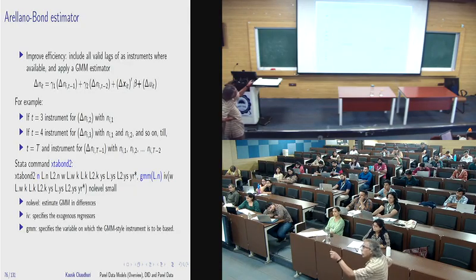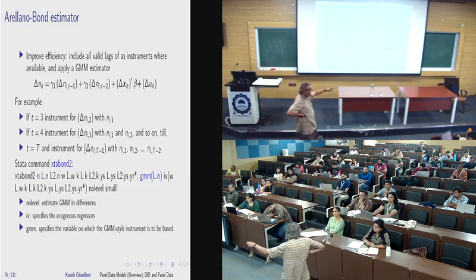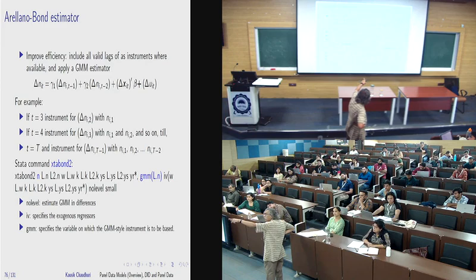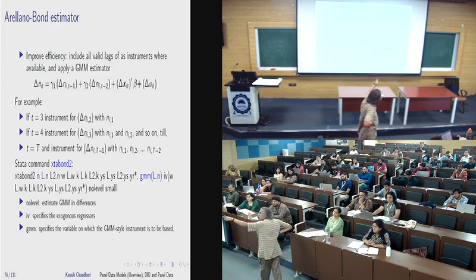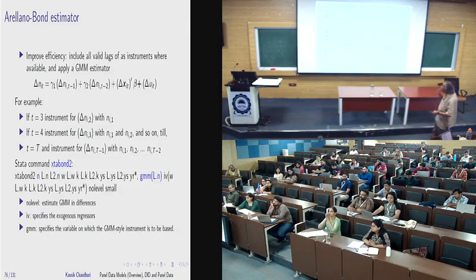So when t is equal to 3, you can think I started with 76, 77, 78 and it goes on. So when it is 78, I'm going to use delta N_i2 with N_i1.